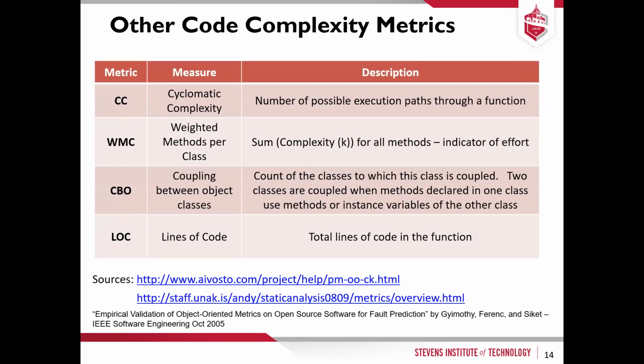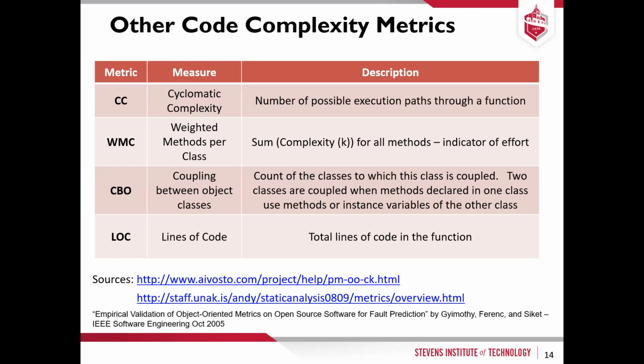Other metrics that we can use in parallel with cyclomatic complexity are weighted methods per class, where we weight each class that we are defining based on the number of functions it has. We have coupling between objects, where we count the classes to which a specific class is coupled.